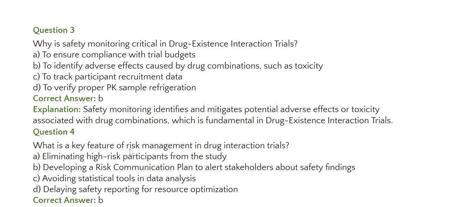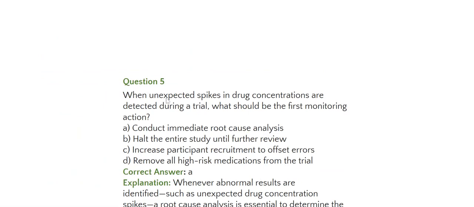The explanation as we explained for question 3 was that safety monitoring identifies and mitigates potential adverse effects or toxicity associated with drug combinations. But here, the key feature of risk management would be B, developing a risk communication plan to alert stakeholders about safety findings, as a risk communication plan ensures that urgent safety updates are swiftly communicated to all relevant parties, enhancing trial safety and efficiency.